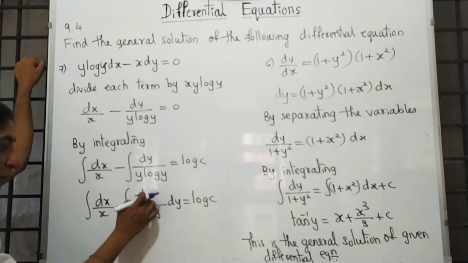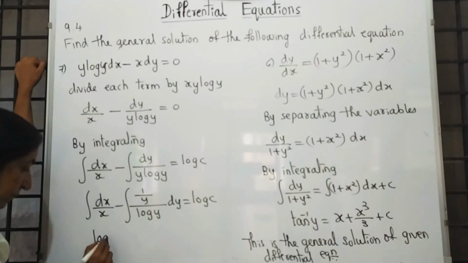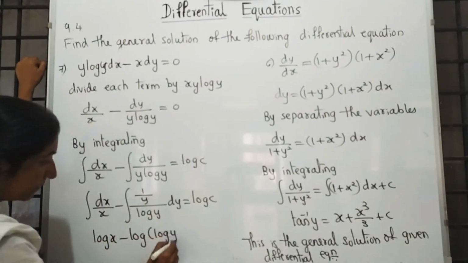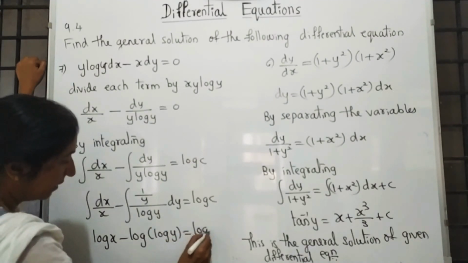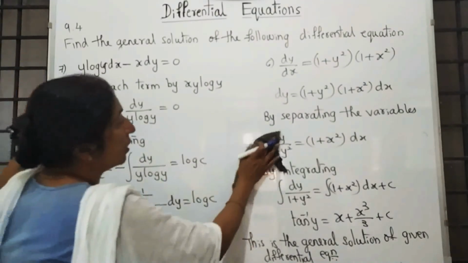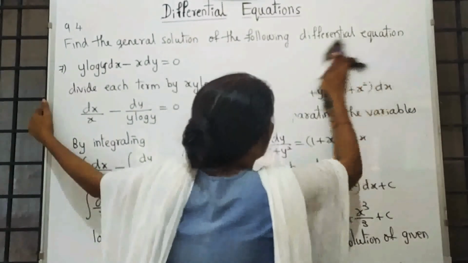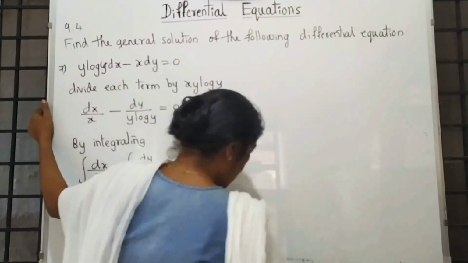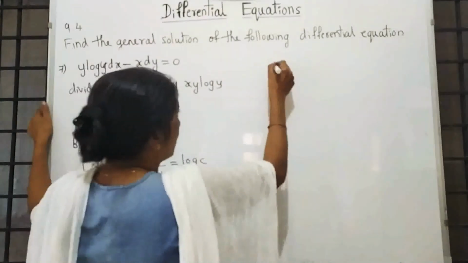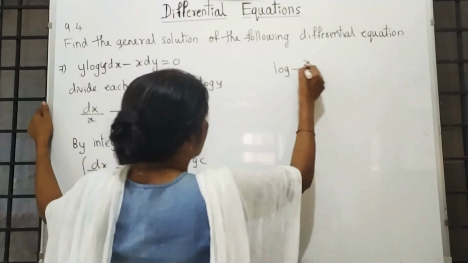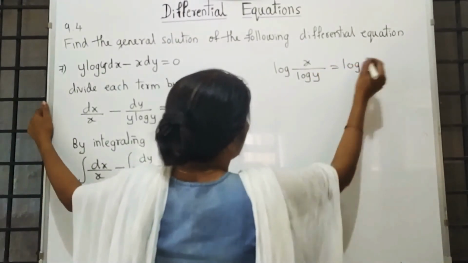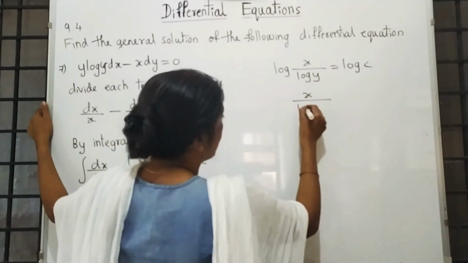Differentiation of log y is 1 by y. And it is in the form of log m minus log n. Log m minus log n is what? Log m upon n. And on both sides, log gets cancelled.